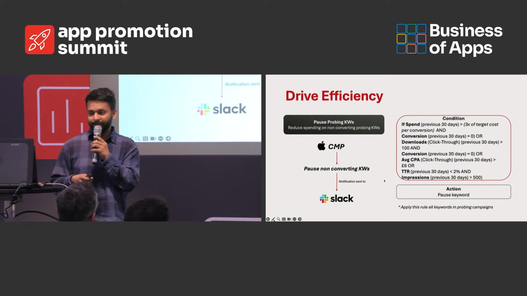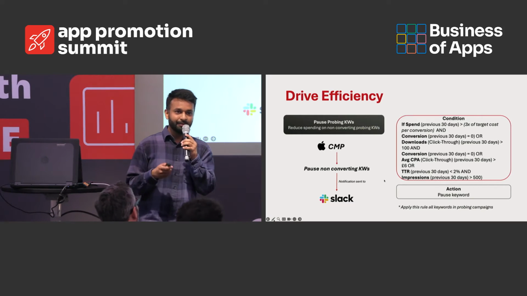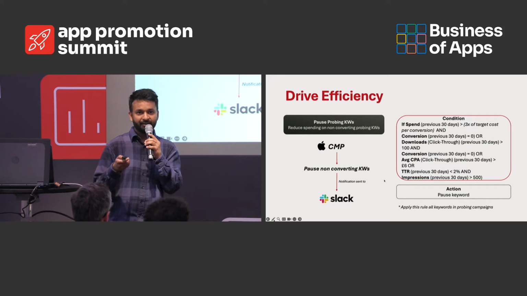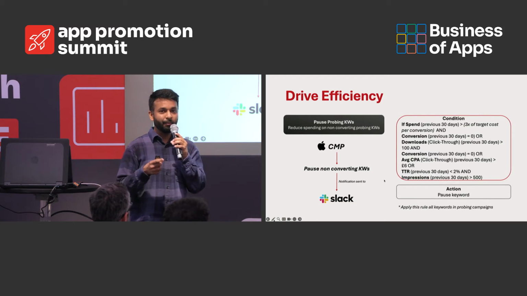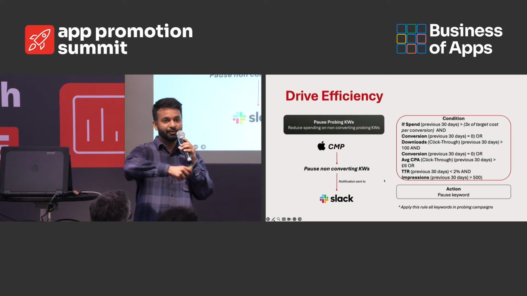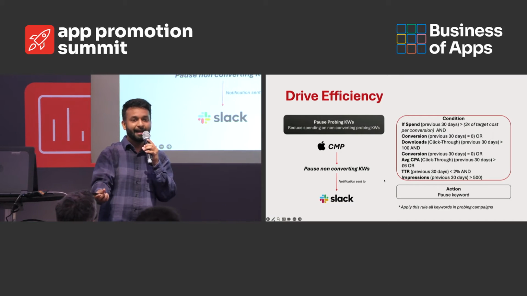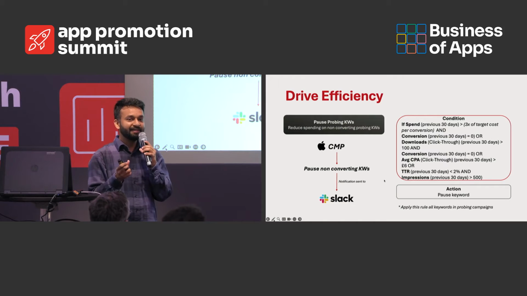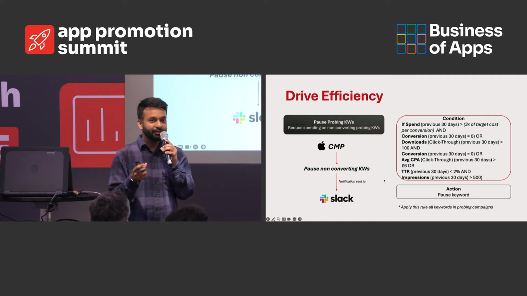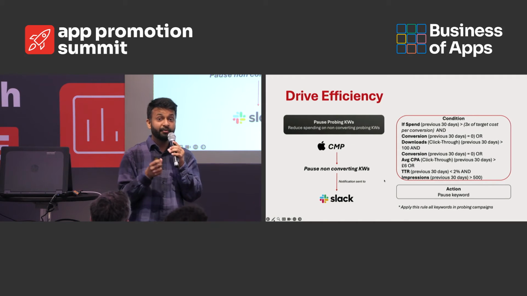Now I'll talk about an automation rule that will help you automatically pause probing keywords that are not converting. While you run discovery campaigns with the intent of driving those keywords to your probing campaign and then testing out new keywords, many times lots of keywords that are added to your probing campaign are not relevant.